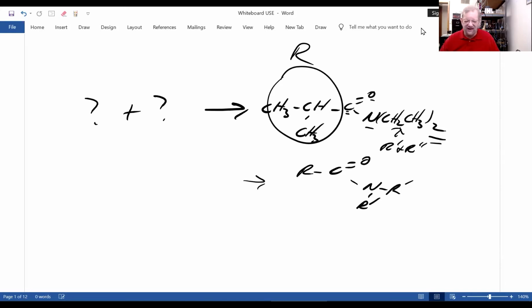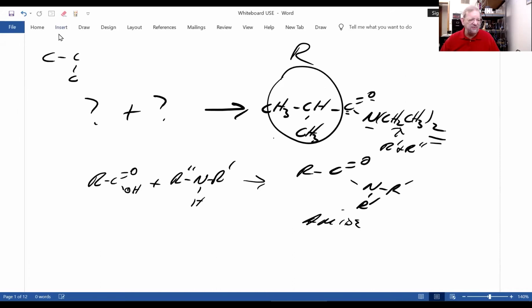And this is an amide. And how do we make an amide? A carboxylic acid plus an amine. And if we come back here, what's R? Three carbons.